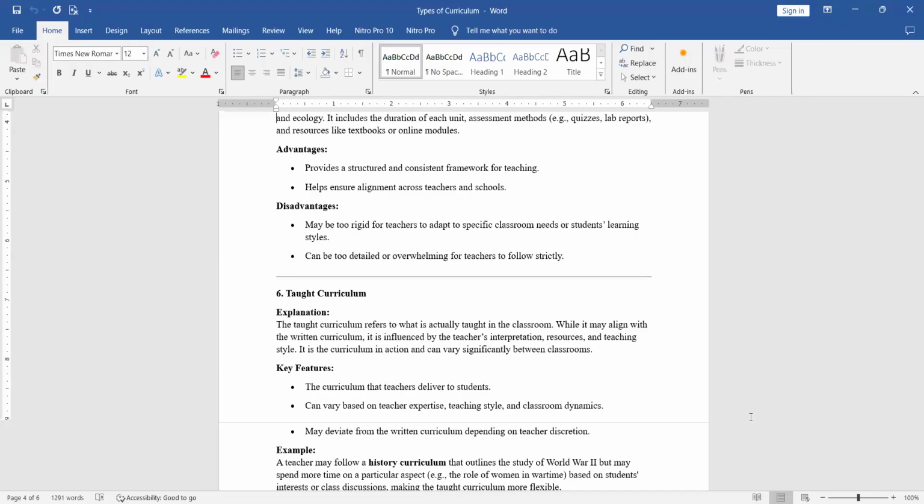It slightly changes because resources available, teacher expertise available, the level of the students, and time can all be taken into consideration, and it will not be implemented exactly as it was written down. Because of that, what is taught is aligned with the written curriculum, but how it is implemented decides the taught curriculum. Is it clear to you?